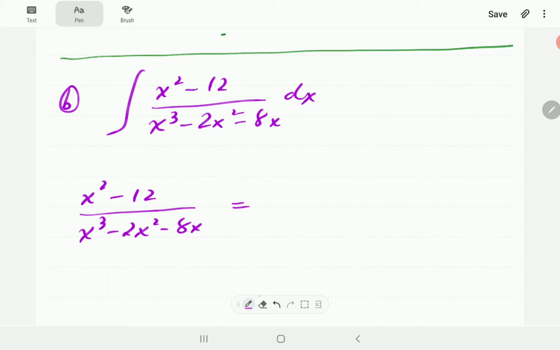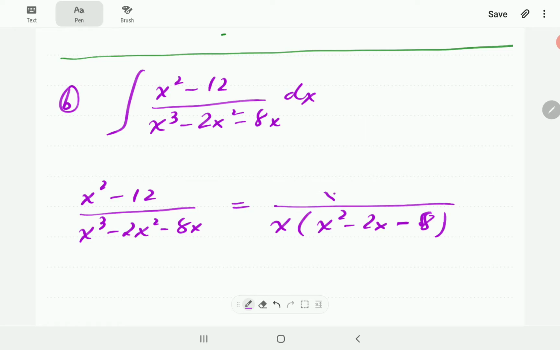We notice that all the terms in the denominator involve x, so the first thing we're going to do is factor out x. It's going to be x squared minus 2x minus 8.